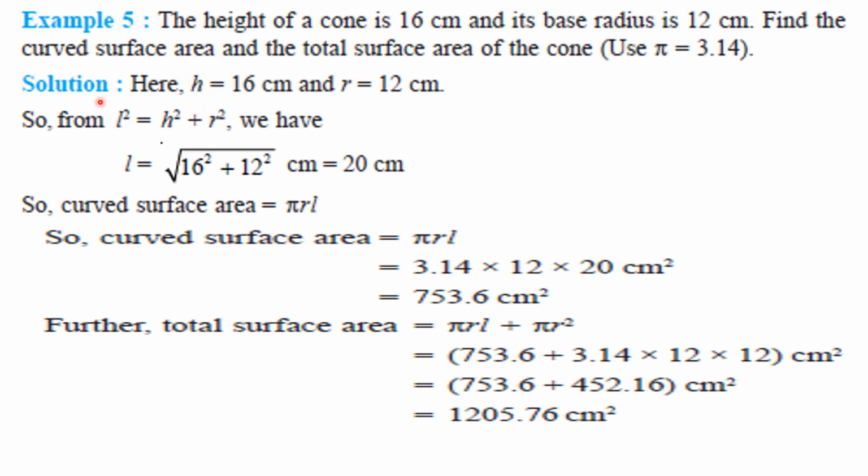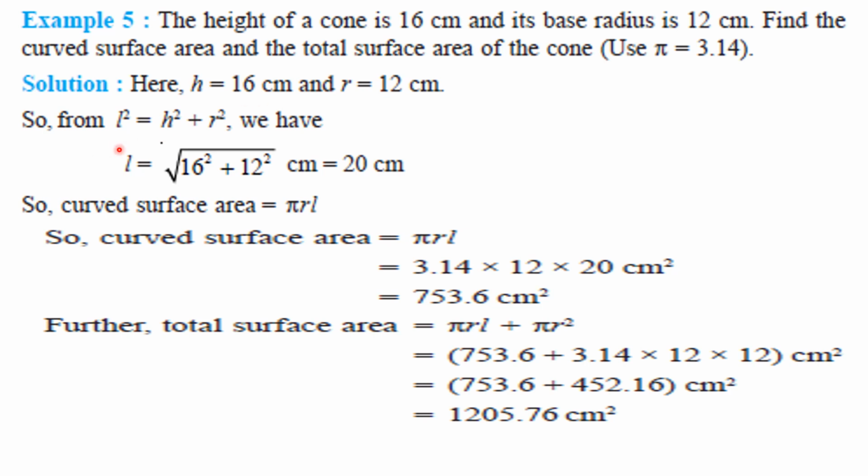Now come to the solution part. Here h is equal to 16 centimeters. H denotes height of the cone and r is equal to 12 centimeters. R denotes radius of the cone. Yes or no, my children?